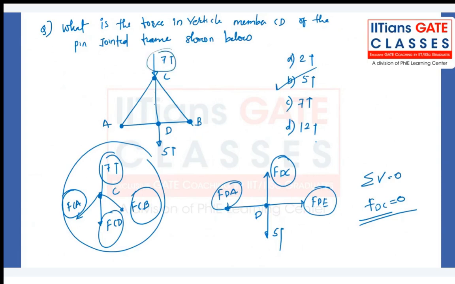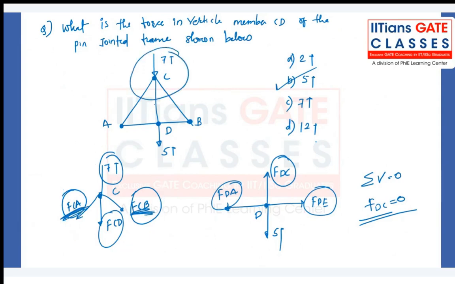You don't know the FCA and FCB here, so you cannot make any conclusion unless you calculate these two loads. Are you following, Nima? Whenever you calculate FCA and FCB, then only you can make some conclusion for FCD if you consider the joint C and the 7-ton load.